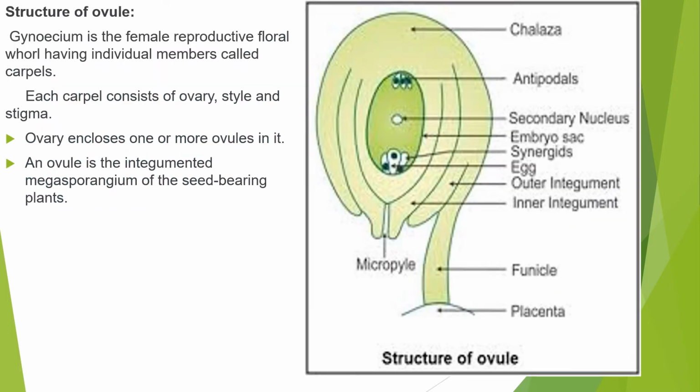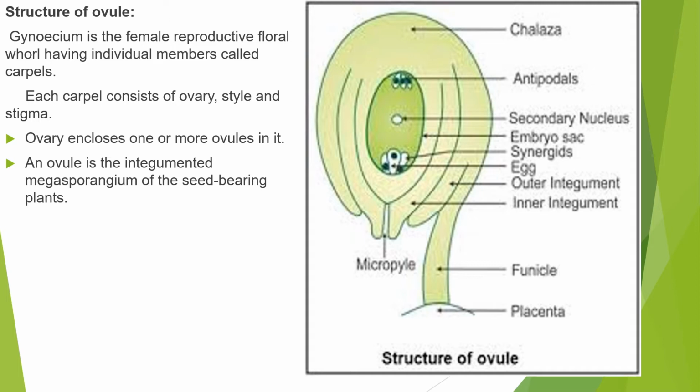Let us see the structure of ovule. As we know that gynoecium is the female reproductive floral whorl having individual member, that is carpel. Each carpel consists of ovary, style and stigma. Inside the ovary there is a single ovule or many ovules present.